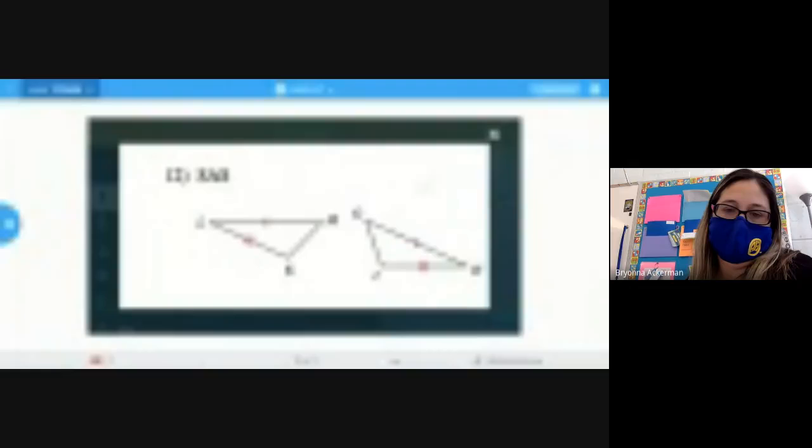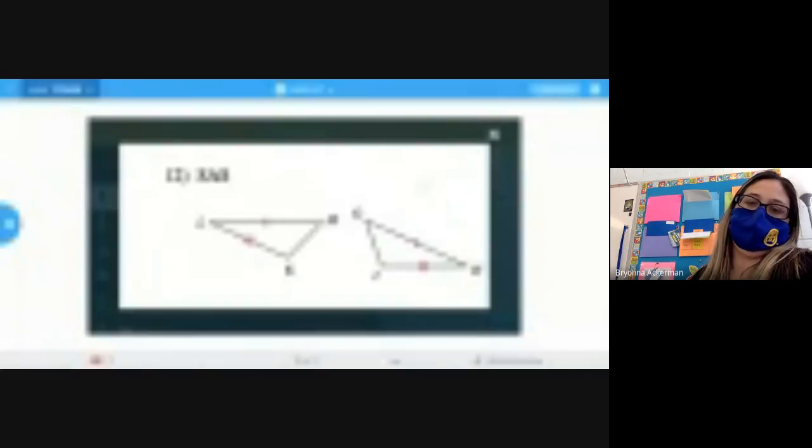I have LK equals HI, so I'm missing the angle. Which angles have to be equal? Go ahead, anybody. To have side, angle, side, what 2 angles would need to be equal? L and H, good.